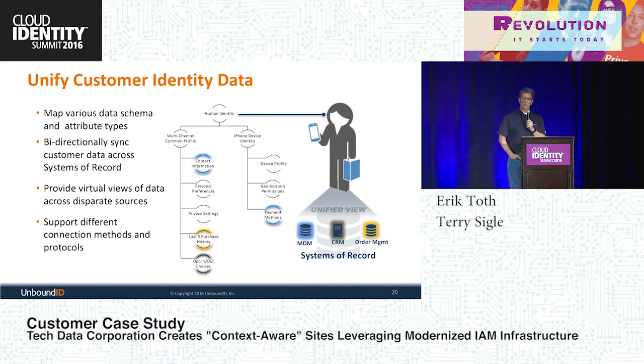It's also looking at different aspects of their profile, whether it be some mobile information about the user, or different aspects of the common profile, such as their contact information, maybe some purchase history. And in this profile, that data comes from multiple different locations, whether it's a transactional system such as an order management system, or from an MDM or a CRM solution.